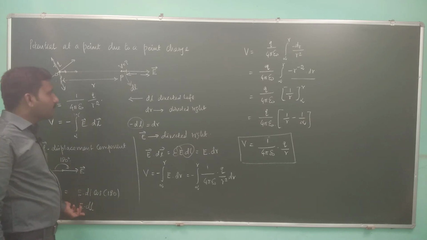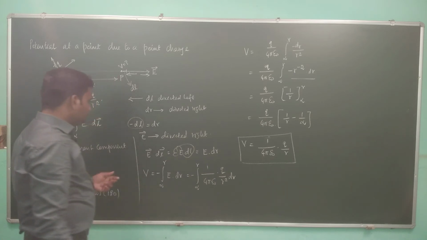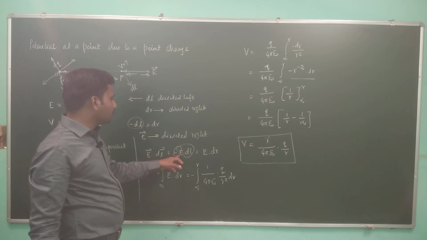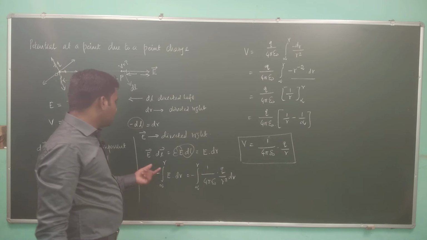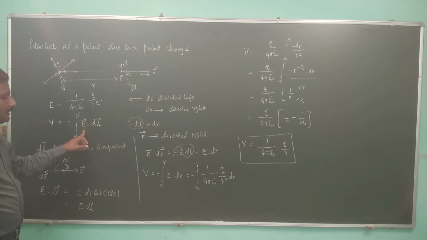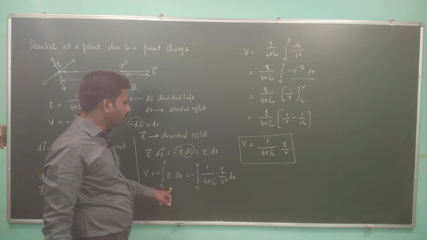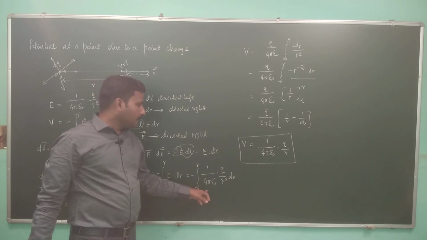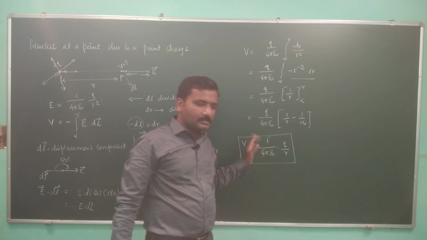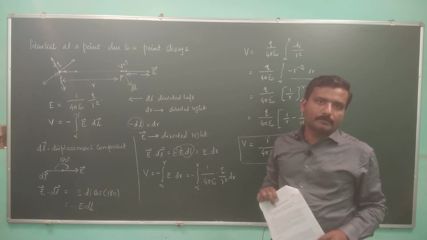It becomes minus E dl because cos 180 is minus 1, and as minus dl is equal to dr, we can substitute dr, so this equation becomes minus the integral from infinity to r of E dr without vectors. Now we can substitute the magnitude of the electric field here, and integrating it, we end up with this equation. So this is the equation for the potential at a point P due to the point charge plus Q.